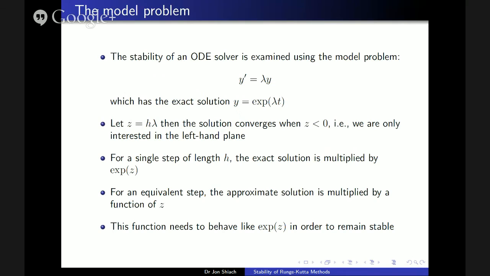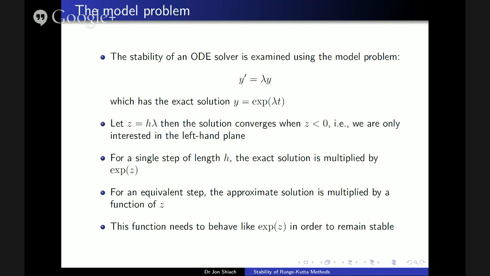Unfortunately, when we look at stability, it will depend upon whatever ODE we're solving. So there's no general way of saying whether this method is going to be stable for this ODE. What we tend to do is compare our methods against what we call a model problem.